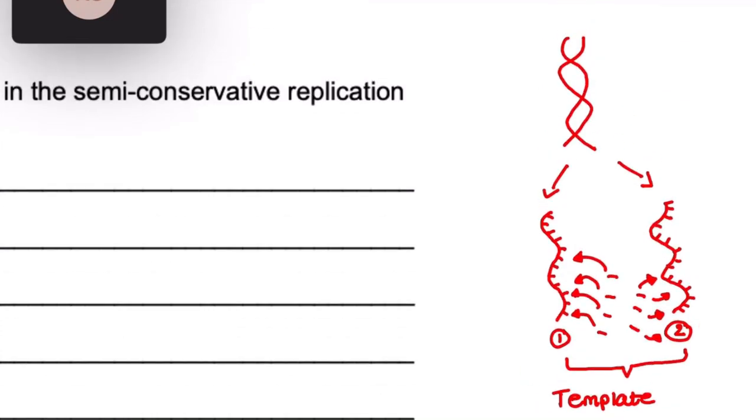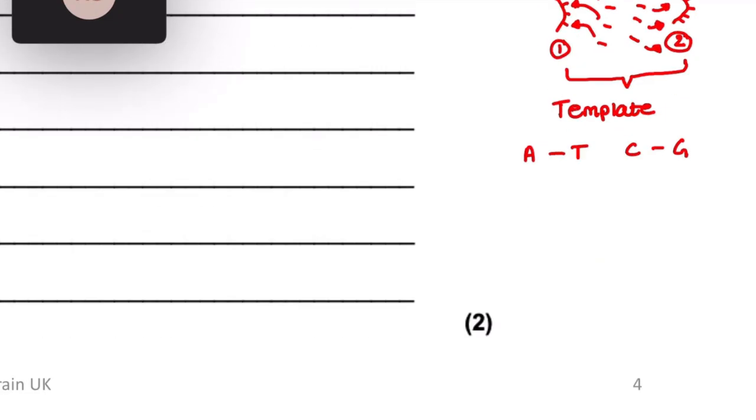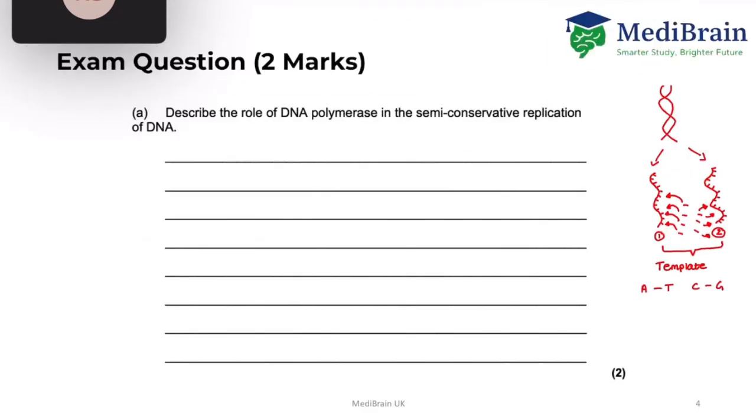Now, what we're seeing here is that each strand separates and acts as a template. We don't form a new DNA strand from scratch.